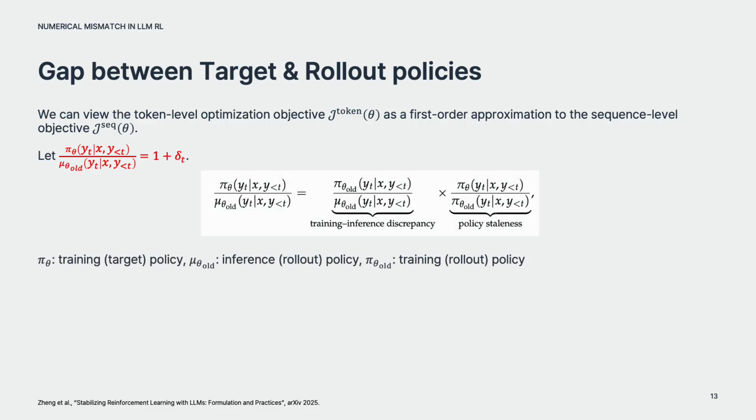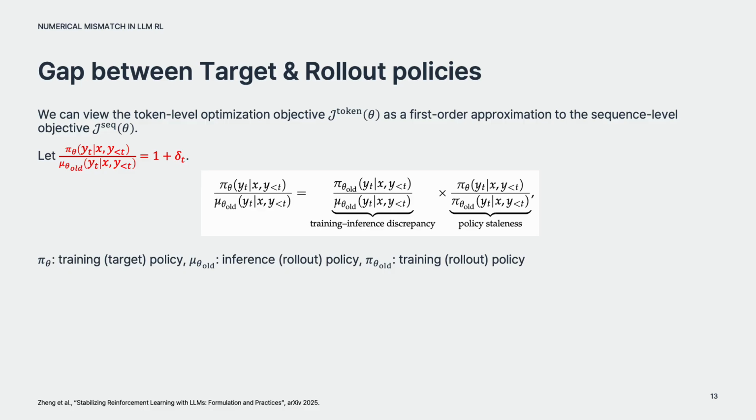To better understand this mismatch, we can introduce the training rollout policy pi theta old, which is the LLM with a past parameter theta old, and decompose the original importance ratio into a product of two ratios.